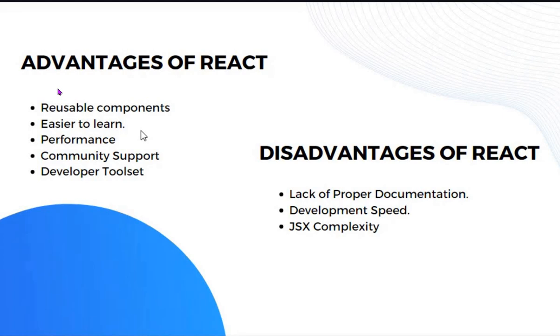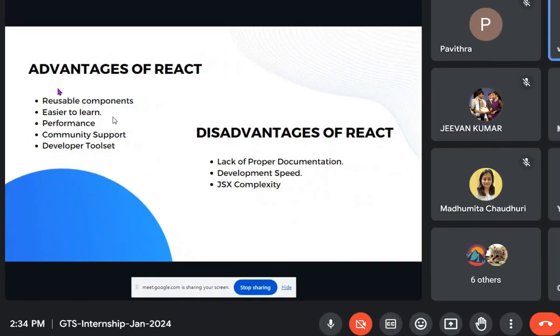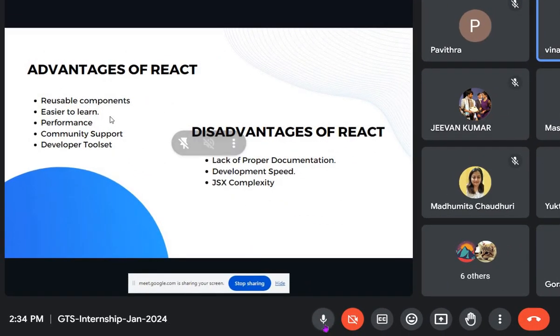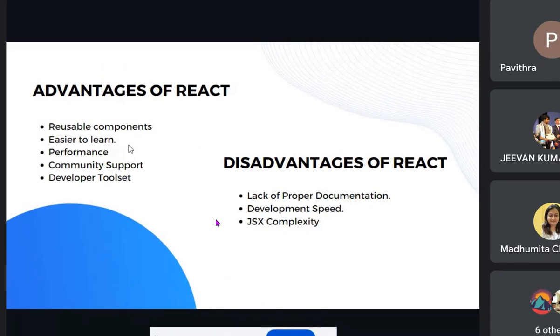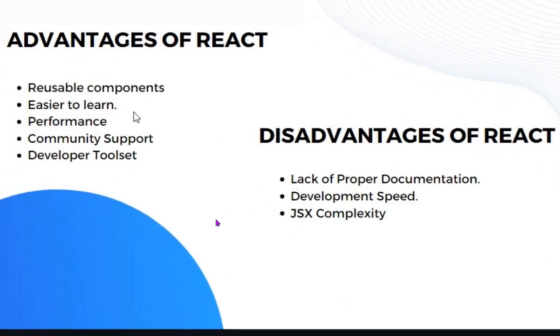Sir, these are the disadvantages. Lack of proper documentation: day by day, React is developing as fast as possible, but the developers are not able to maintain proper documentation because it is developing so fast. There is no documentation kept as they keep developing, sir. Development speed: the development speed is too high, sir.